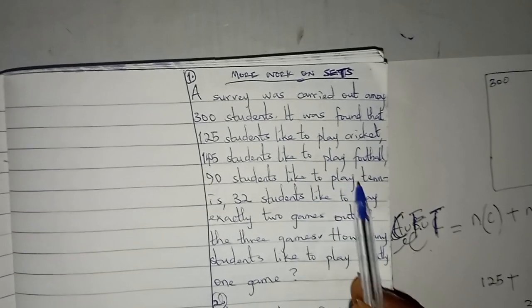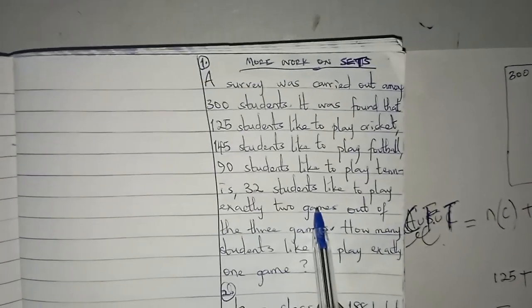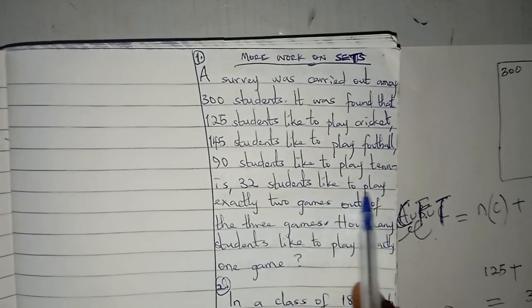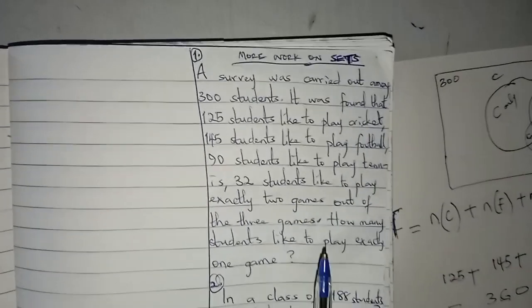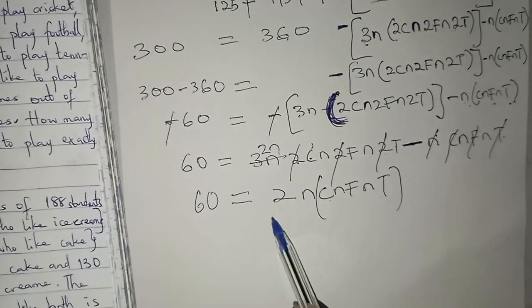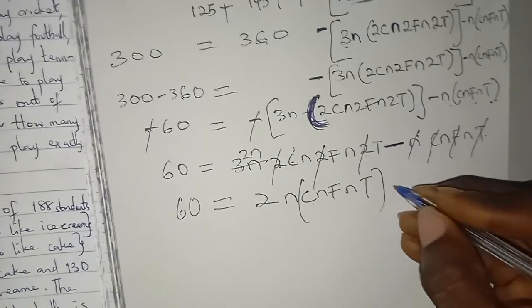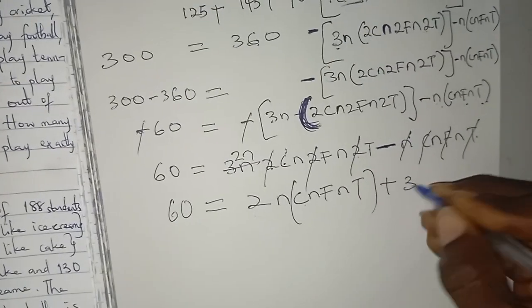We are given that 32 students like to play exactly 2 games. So which means that if this is people that played 2 games, the number that played 2 games, we are given it to be 32.